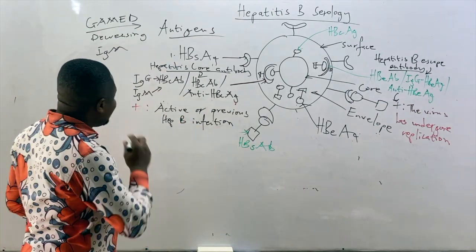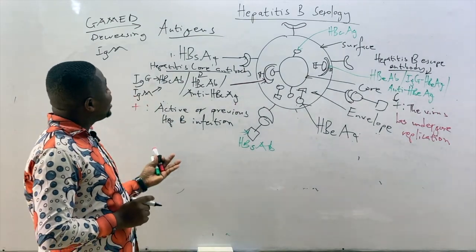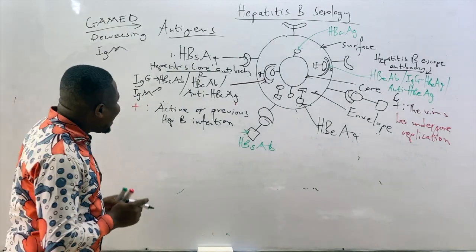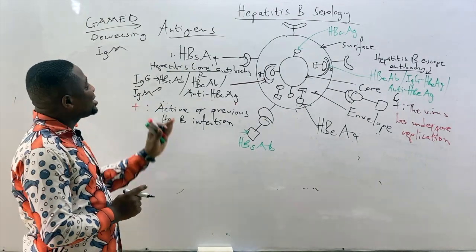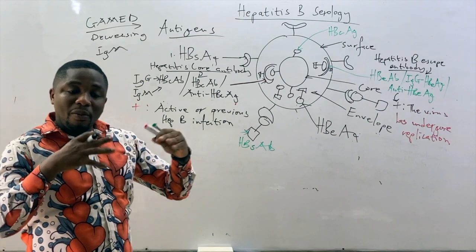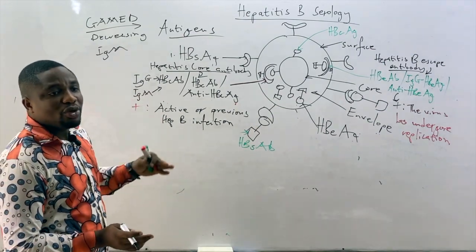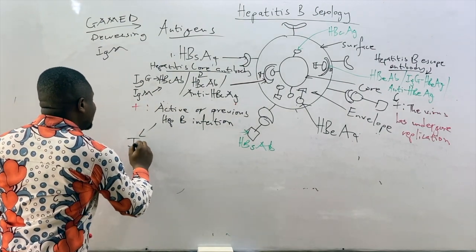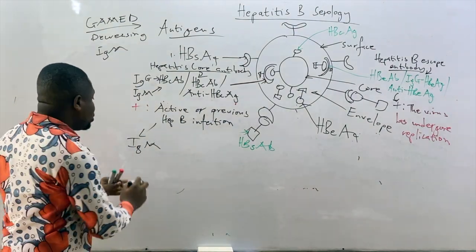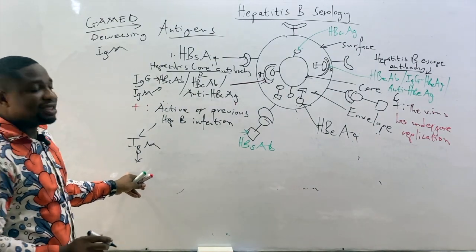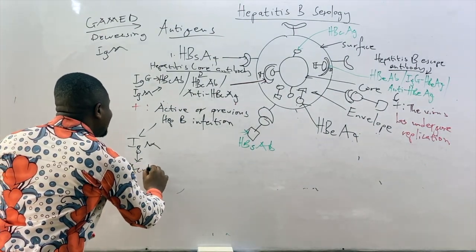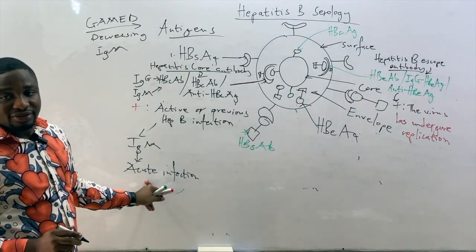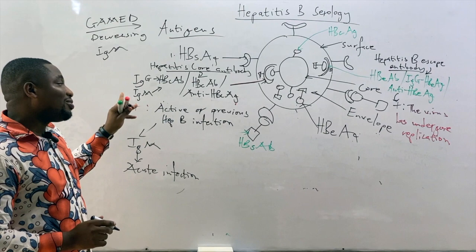Okay? Now, if it is positive, then it means there is an active or previous hepatitis B infection. And again, we have to look at the composition of the antibody. Is it immunoglobulin M or immunoglobulin G? If it is immunoglobulin M, I already told you, immunoglobulin M is an acute phase reactant. Therefore, this is an acute infection. It tells you that the patient is acutely infected.